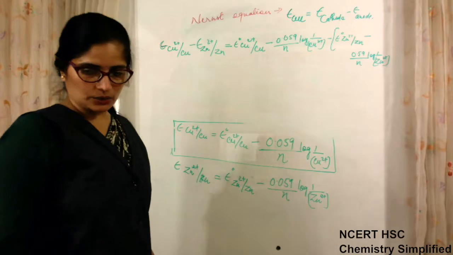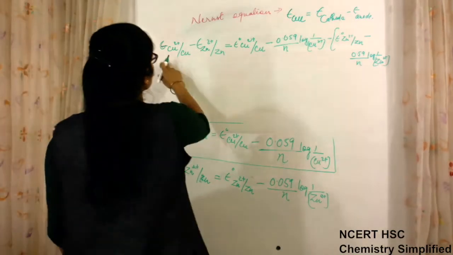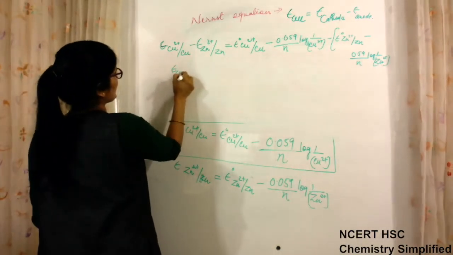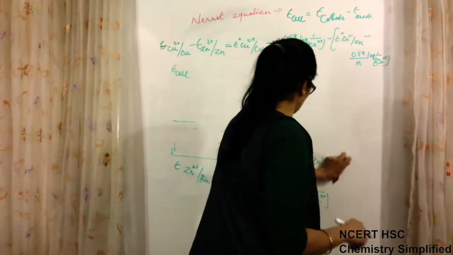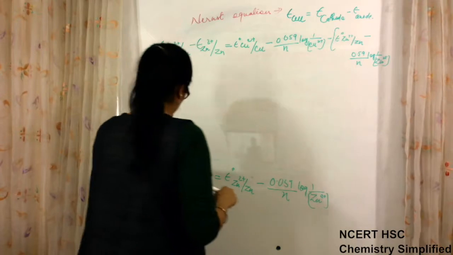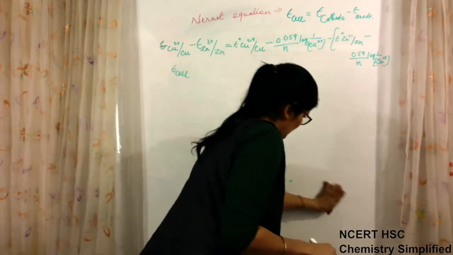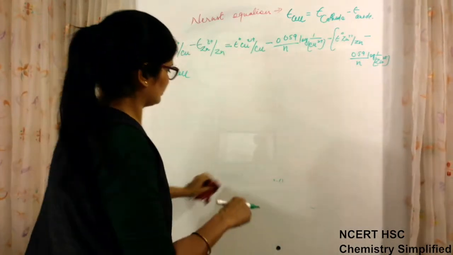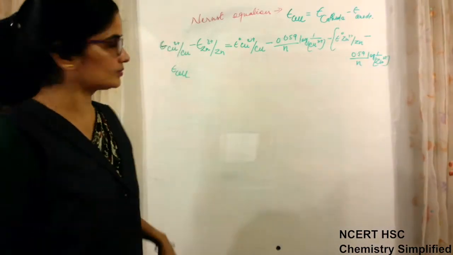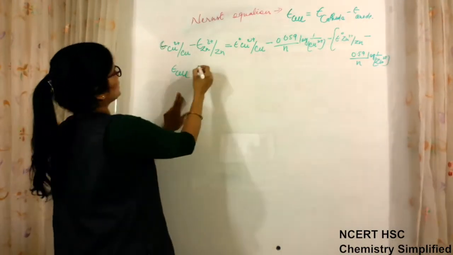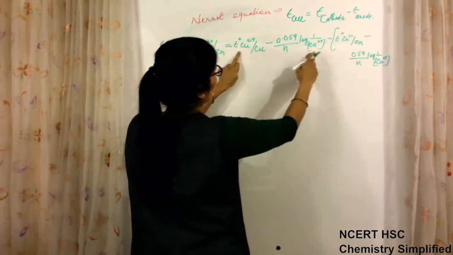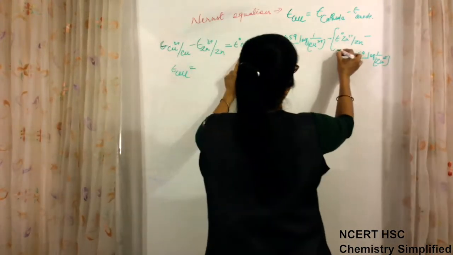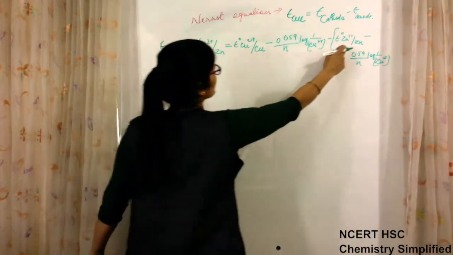Okay. Now this can be written as E cell at any concentration. This is this minus this term.